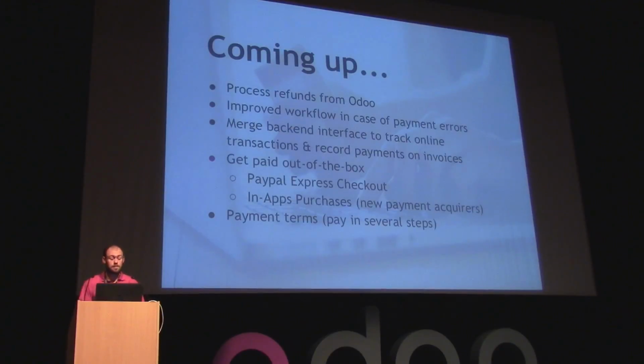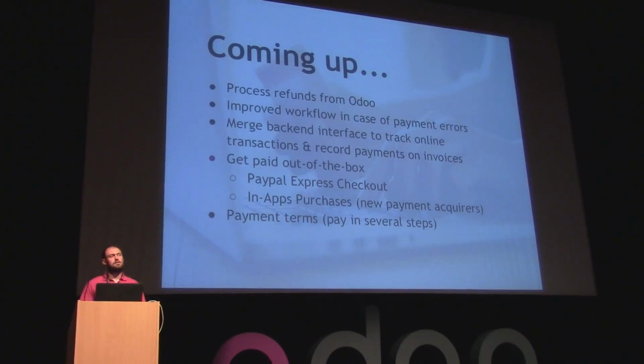In terms of user experience, we'd also like to merge the payment forms for customer side and accounting side, for the user to be super easy to manage payments in the backend. For now, you have payment transactions when it comes to the real online payment, and you have the journal entries for the payments in your accounting, and we would like to merge that together.